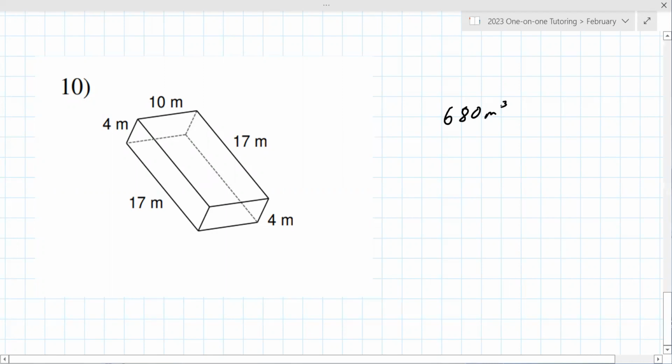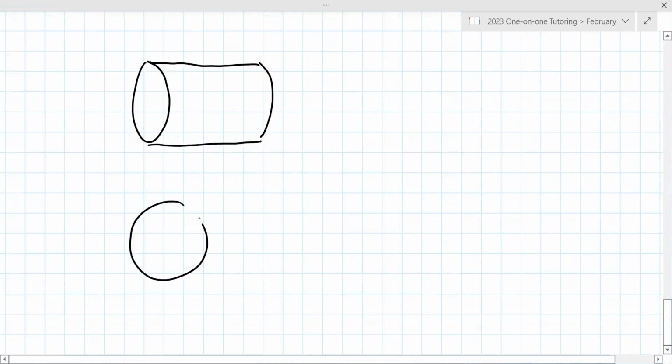Now, the other type of object that you often see here is this one. It's a circle. I'm actually very confused on those. Okay, so the base or the front face is a circle. What's the area of a circle? What's the formula for that? Pi r squared. And then they have to tell you the length.